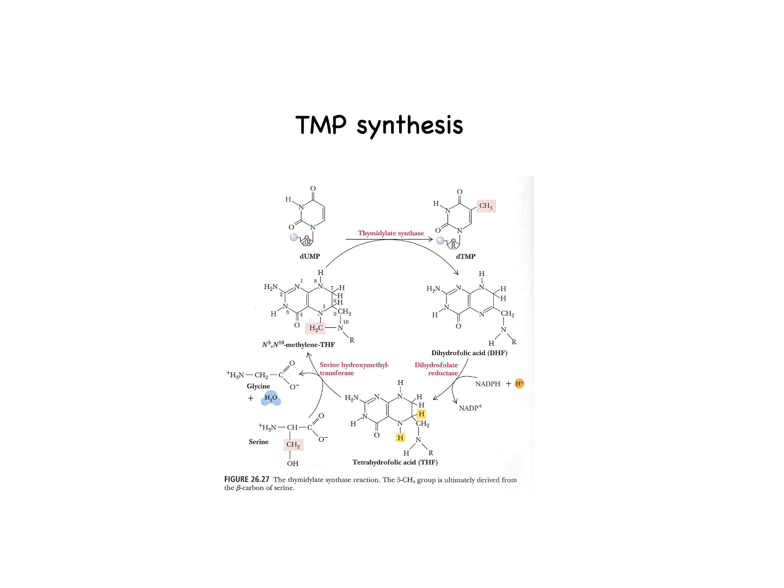So dihydrofolate reductase has been a target for therapy because if you can't re-reduce the tetrahydrofolate, then you can't make thymidine, and so then you can't make DNA, and so you can't grow.